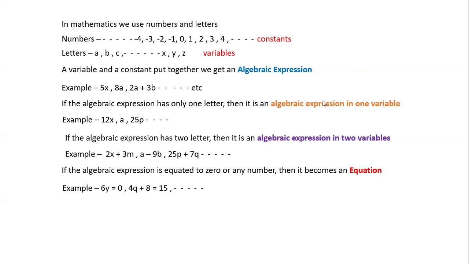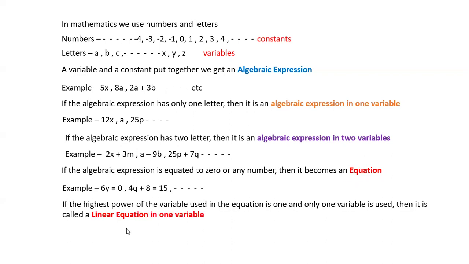We have to understand what a constant, a variable, an algebraic expression is, why it is called an algebraic expression in two variables, and what an equation is. Next, if the highest power of the variable used in the equation is 1, then it is a linear equation.